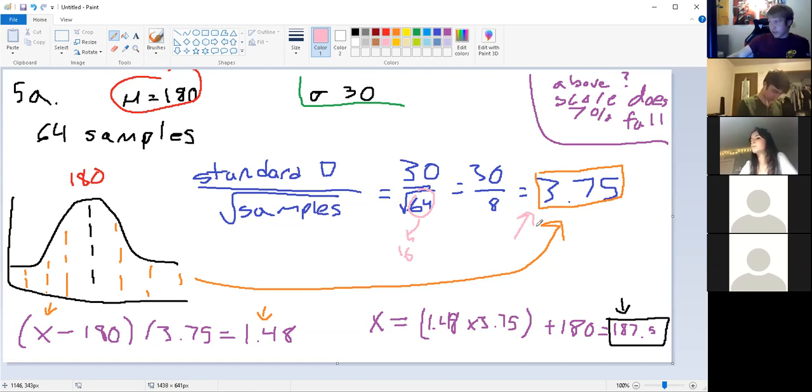So you have a different value here. And then it asks for 15%. So you're going to have a different z value or z-score for it also. But it's the same formula or the same skeleton, just different numbers.